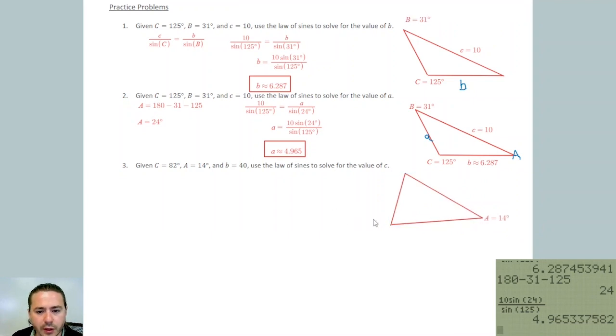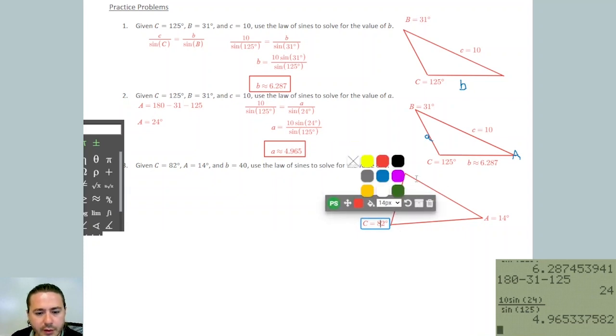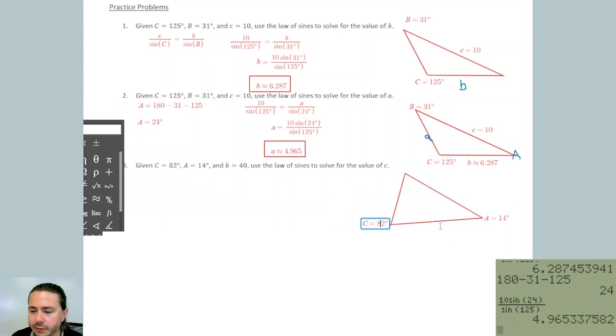Okay, call angle C 82 degrees. And then B is going to be, see, so this is angle B up here, and side B is over here.